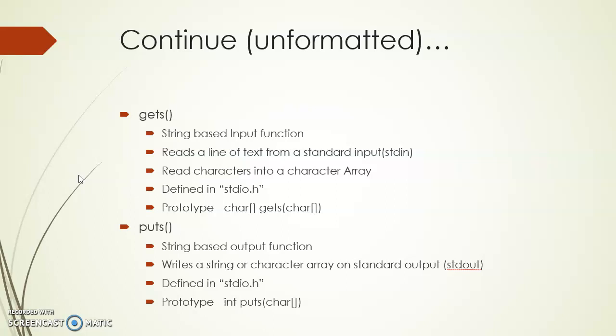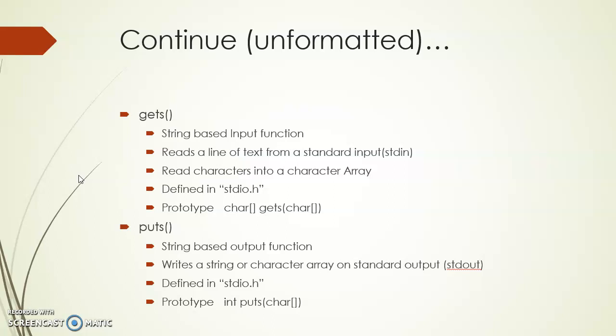Now we see these two functions are important functions because they are string based unformatted IO functions. They work on strings or arrays of characters. First we discuss gets. This is an input function which reads a line of text from the standard input or stdin until a newline character appears.